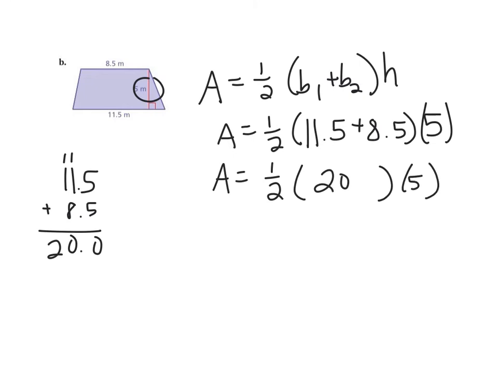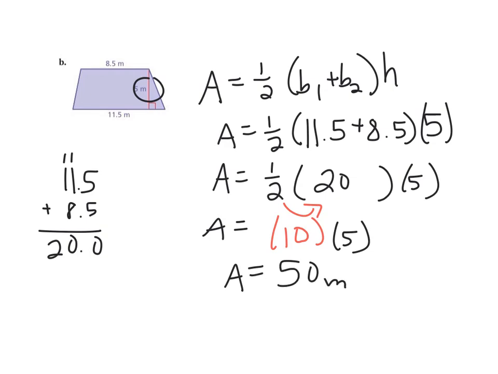And again, we can choose to cut one of them in half, or we can choose to multiply and then cut in half. I like the idea of cutting that one in half, so I'm going to do half of 20, which is 10 times 5. So area would be equal to 50, and in this case, it's meters squared.